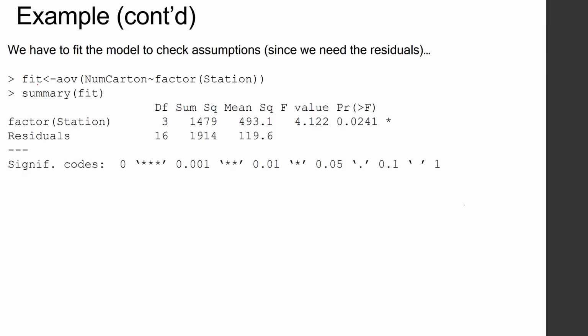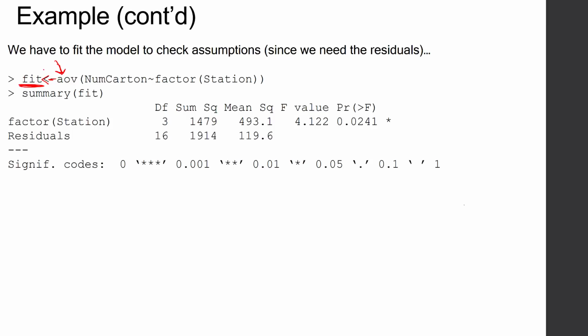So here's the R code that we're going to use. Notice that I defined an object in R called fit. And whenever I fit a model, I'm almost always going to call it fit. And then I use my assignment symbol, the less than dash sign, and I use the function aov in R for ANOVA.